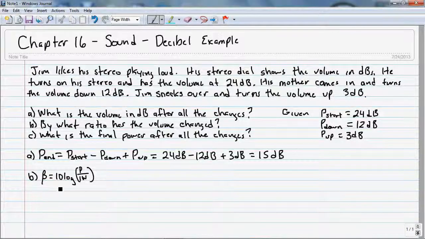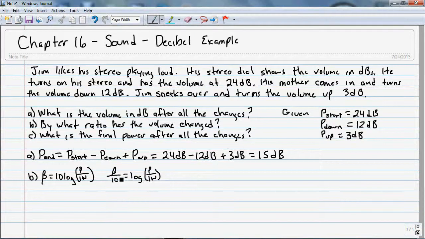So I'm going to have beta divided by 10 is equal to the log of power over 1 watt.